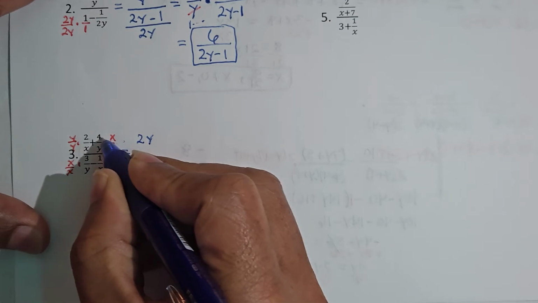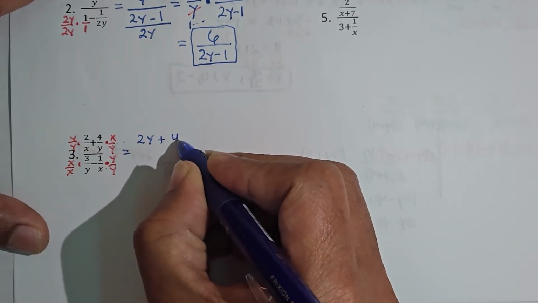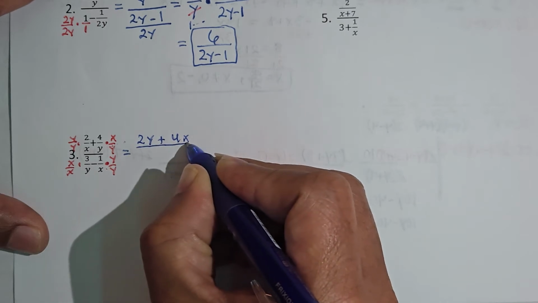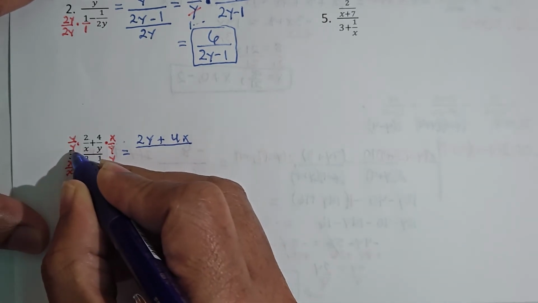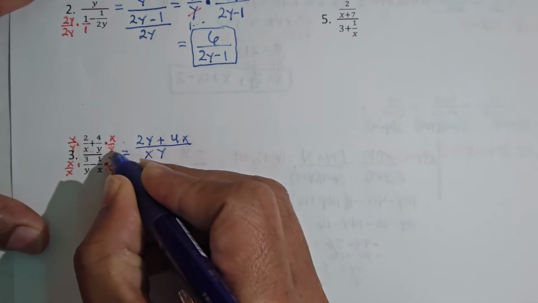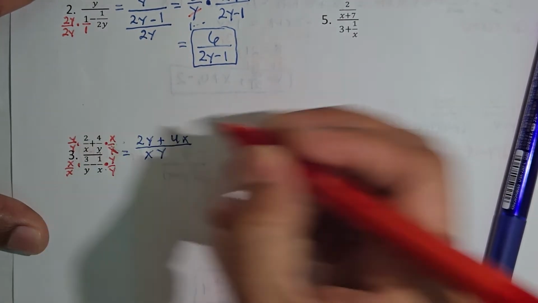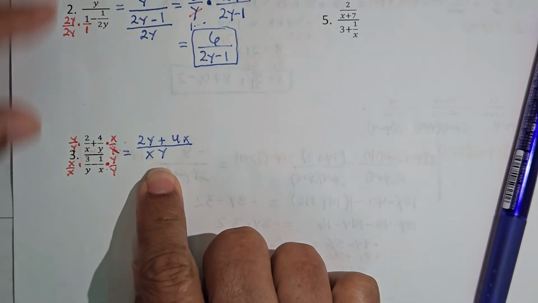And this we're multiplying by x, so 4 plus 4x. 4 times x is 4x. And then the denominator of this one, you're multiplying y times x, which is xy, and this one is also y times x. So then we have the same denominator of x times y.